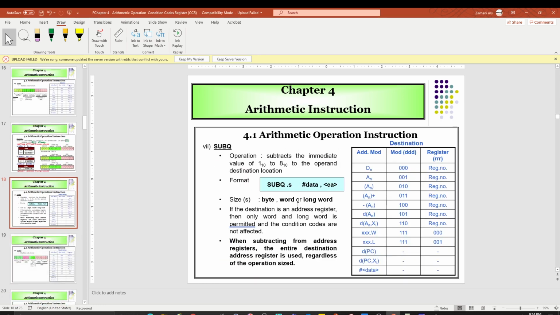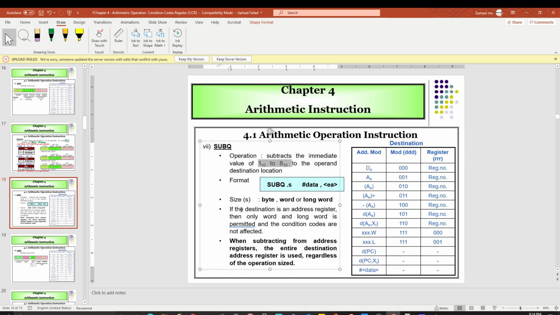Okay, then you have the SUBQ. Again, the SUBQ is related to 1 to 8. And then you can see that the data here must be subtracted from the destination. So the effective address is for the destination, not the source over here.